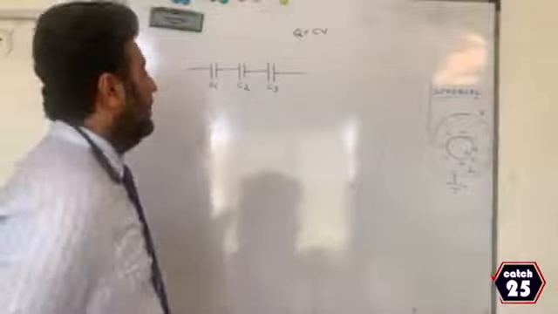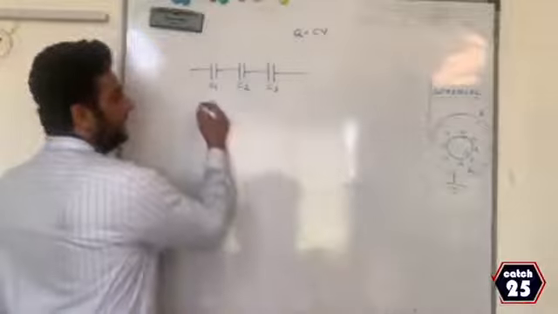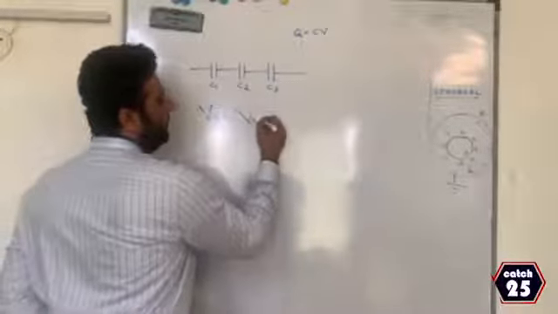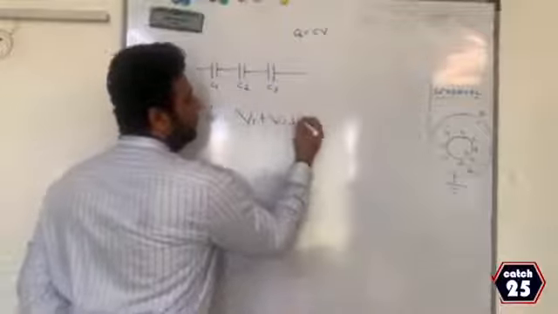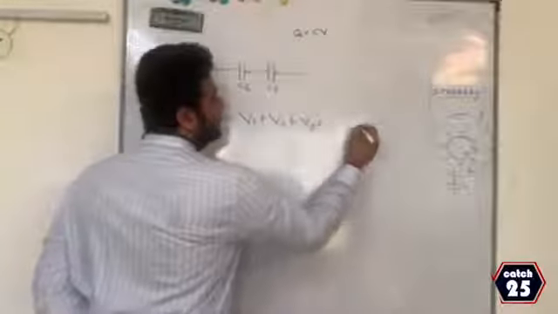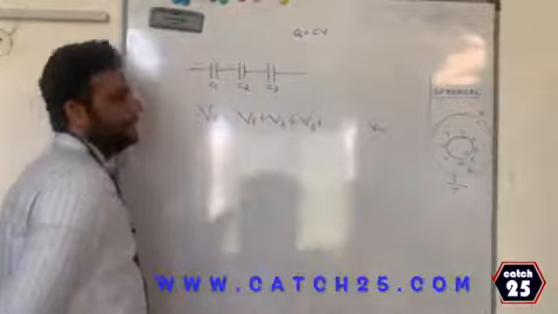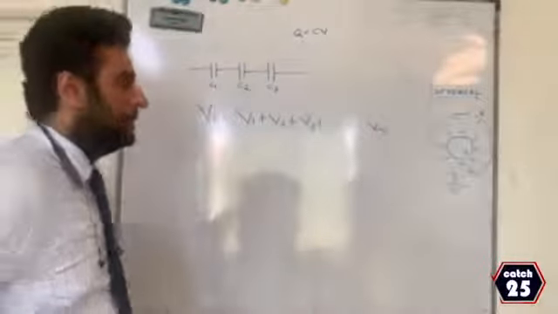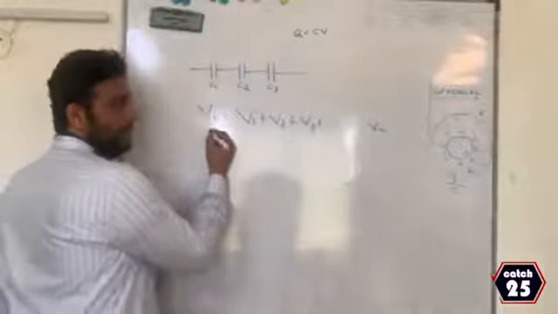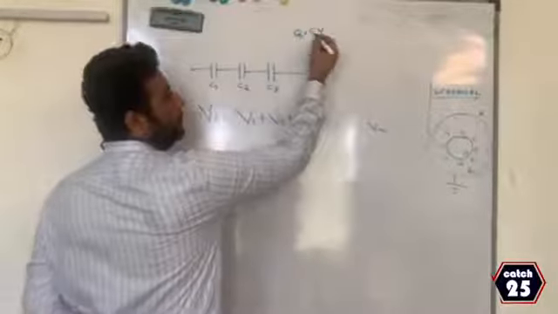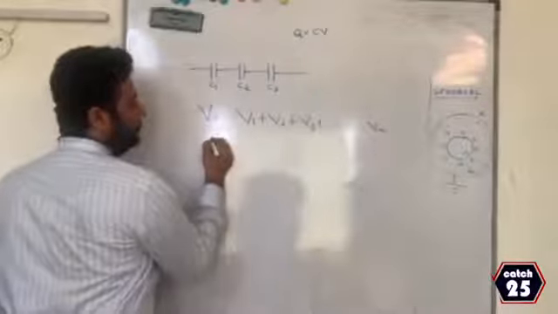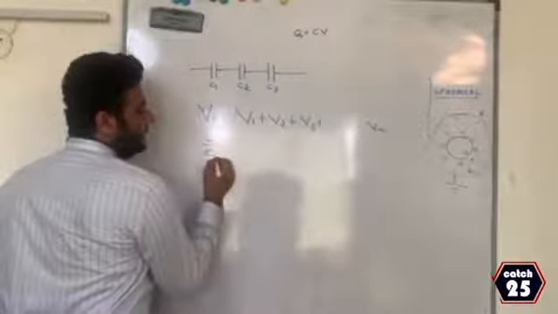Now you know in series, can I say the total voltage in series will be V1 plus V2 plus V3 plus whatever Vn, because in series voltage adds up, charge and current remain constant. Let me simplify. You know Q is equal to CV. Therefore, can I say V is equal to Q by C?